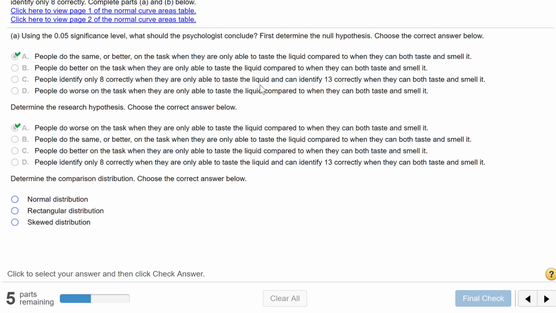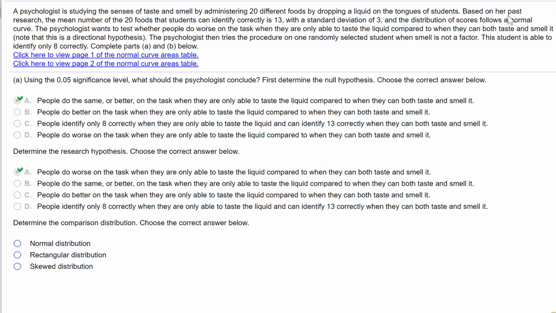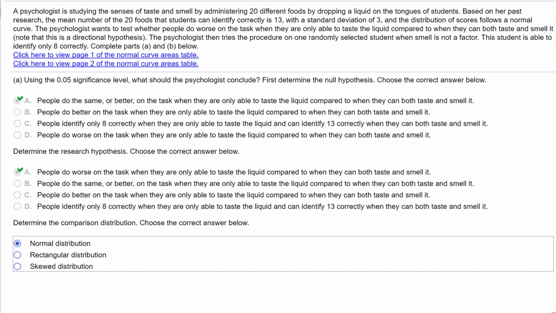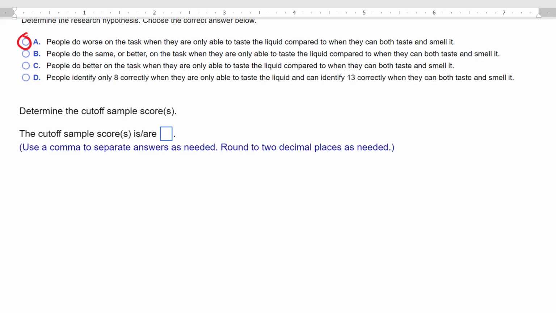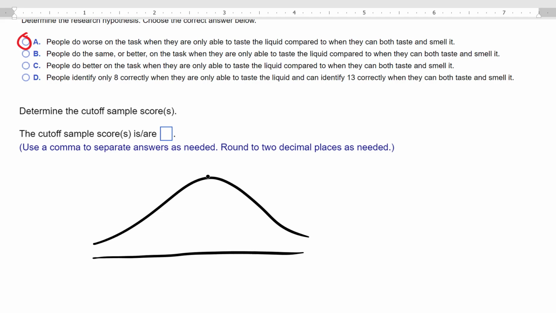So it reads up here that it does follow the normal curve. So this is going to be a normal comparison distribution. So now it wants to know the sample cutoff scores. I will often draw this normal curve out and label it. I don't think we need all of this, but I still like to put it in there.